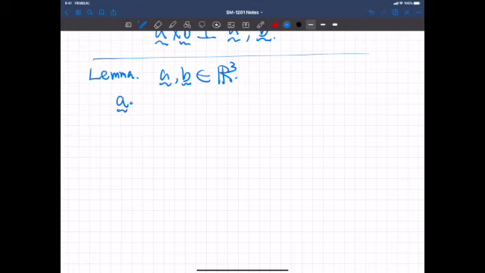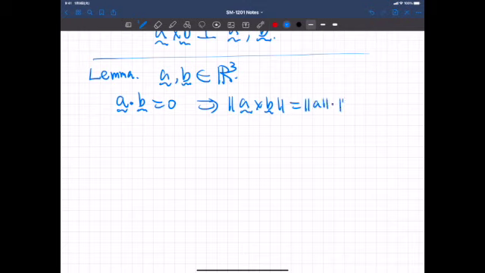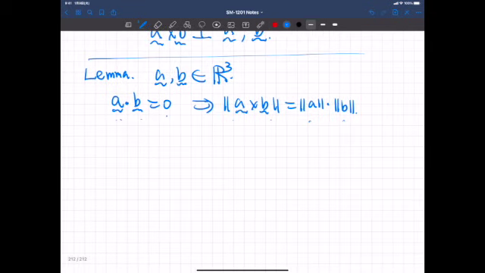If A dot B, their scalar product, is 0, then the modulus of A cross B, the length of A cross B, is equal to the product of the moduli of A and B. So the length of A cross B is equal to the product of the lengths of A and B, if A dot B is 0.